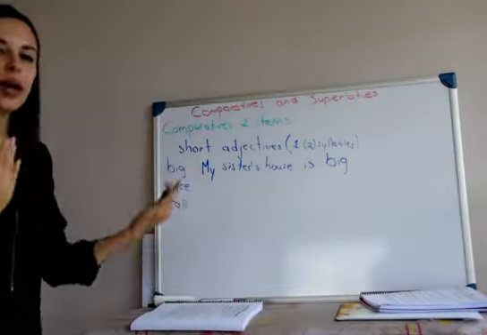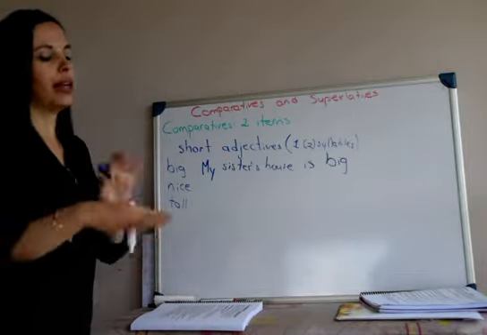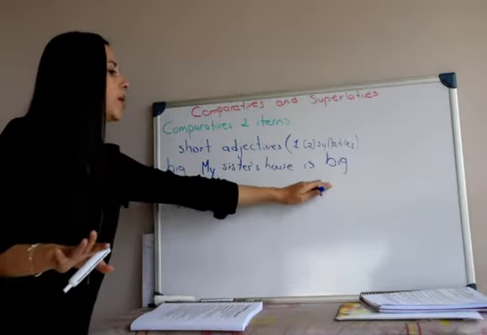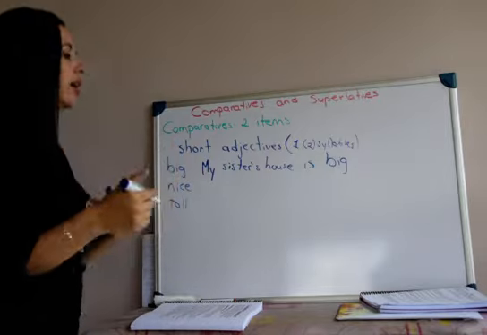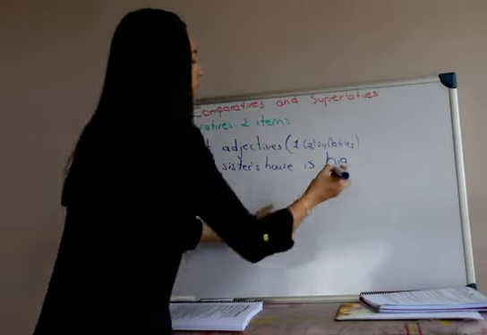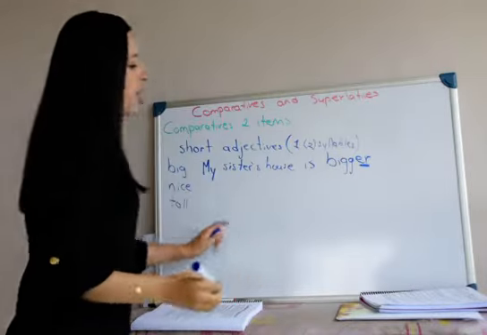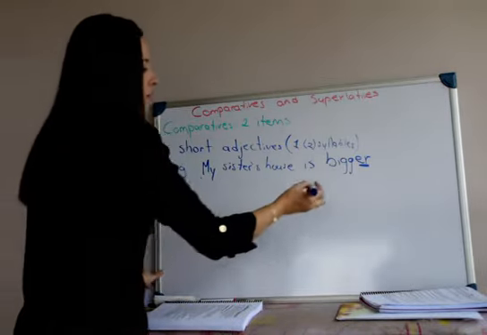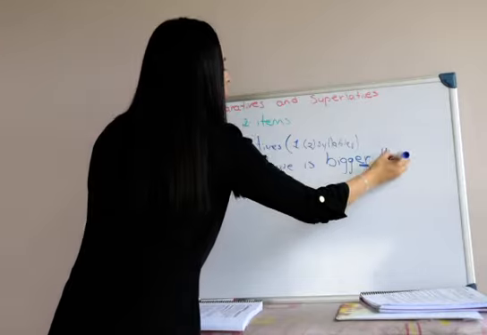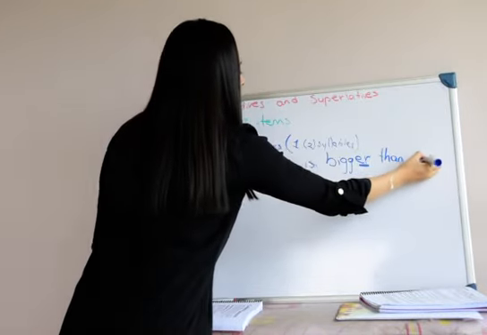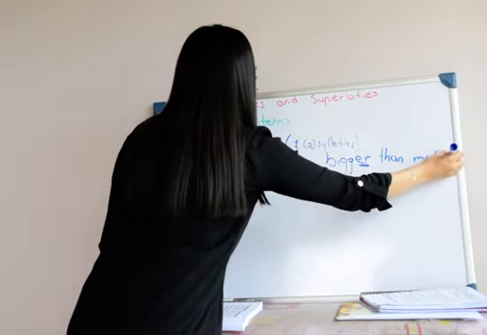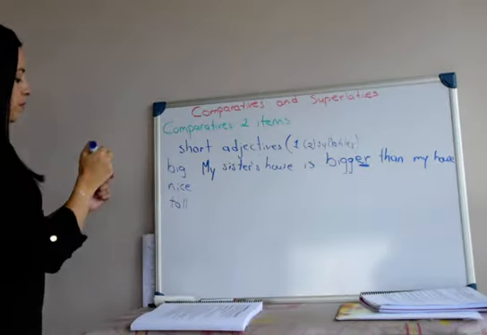Now, how do I compare? Here it says my sister's house is big, es grande, that's it. But how do I say que es más grande que la mía? It's very simple. All what I have to do is to add ER at the end of the adjective. And then I need to write than. And the complement, my house.